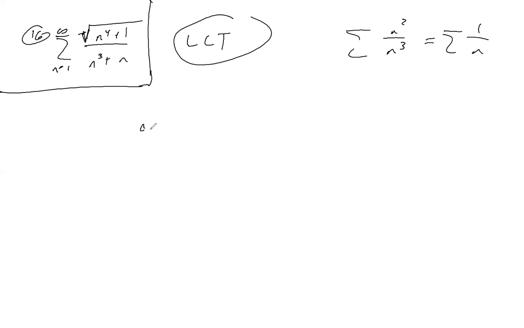So I'll say a_n is the square root of n to the fourth plus 1, over n cubed plus n. And I'll say my b_n is, I could use either one of these, let's use 1 over n.